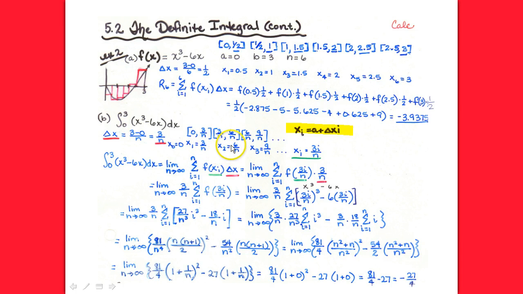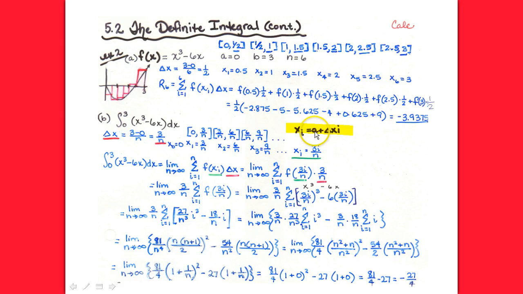X sub 2 is just 3 times 2 over n. X sub 3 is 3 times 3 over n. So what we notice is it's just our change in x, 3 over n, times i. Because that's how many times we've had to add that change in x. That's how many multiples of it that we would have. So that's where we get the second part, change in x times i.